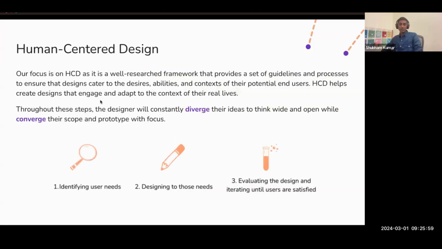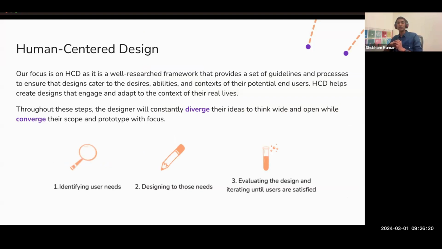Over here, the star candidate really is human-centered design, because it's a really well-researched framework. It gives you a lot of opportunities to access resources on the web. And that's just not the only benefit. The main thing is also that it's pretty flexible, so it adapts to your needs.